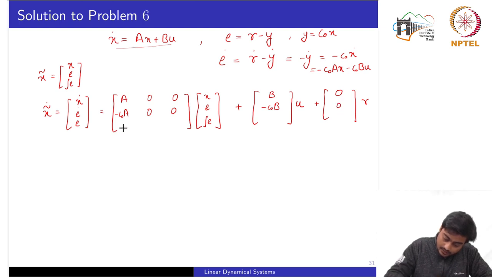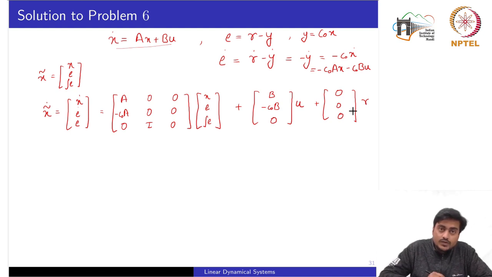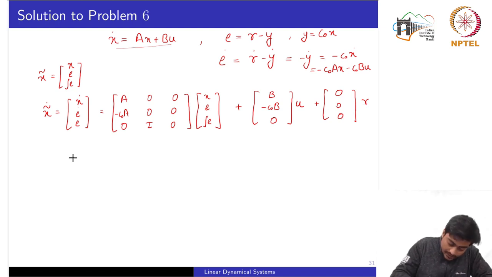Now here, if we see e, we already have e here in the state, so I can write this one. So we don't have any distribution matrix with respect to r. So I can write this new state space system as x tilde dot is equal to A tilde x tilde plus B tilde u.